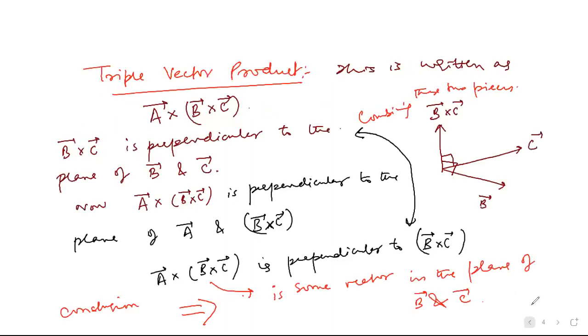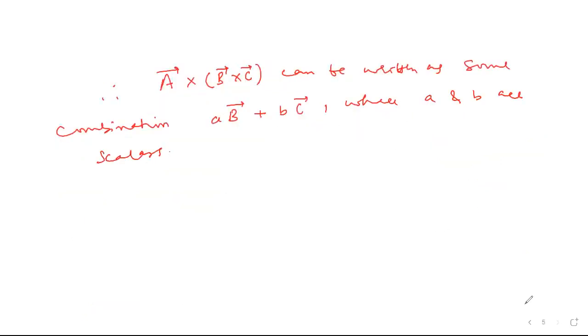Follow the argument. A cross B cross C is some vector in the plane of B and C, so it can be written as some combination A times B plus B times C, where A and B are some scalars.